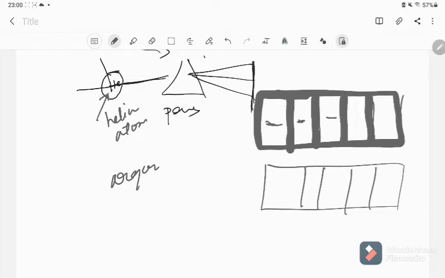So all the gases have different spectral lines. It is just like the fingerprints of those atoms. Just like us, we don't have the same fingerprints. Like that here also, all the atoms have different spectral lines.